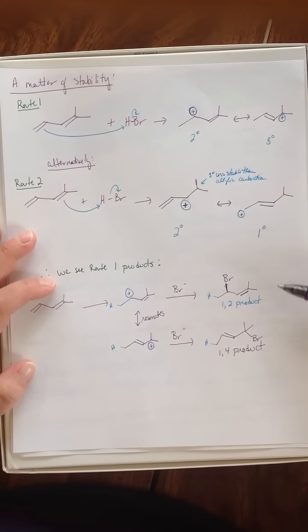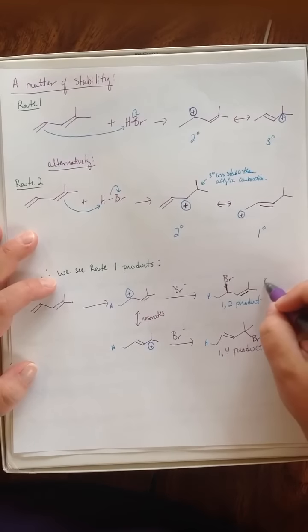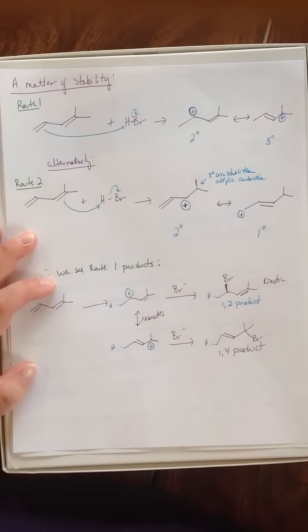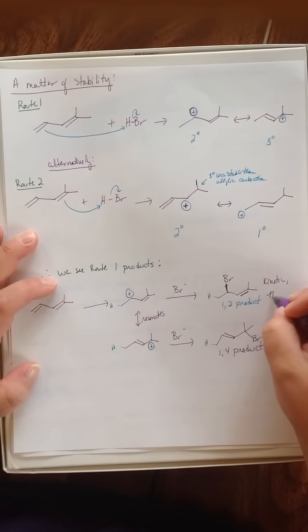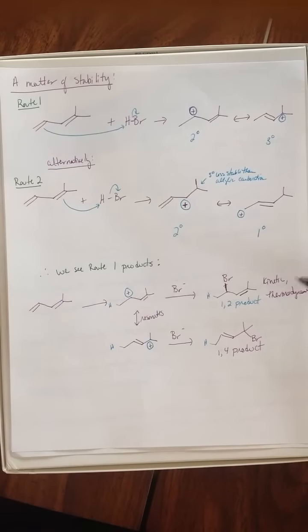Well, actually, when you look at it, this would be my kinetic product, and this is actually the thermodynamic product also, because we've got 1, 2, 3 substituents around this guy, and here we only have 1, 2. So this is both the kinetic and the thermodynamic product, which means that you don't really have any differentiation when it comes to the energy level diagram, at least in this case.